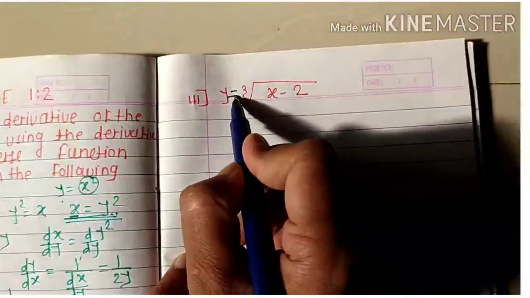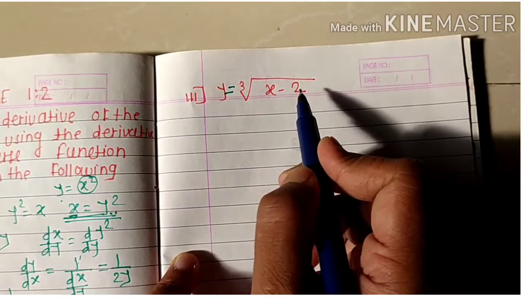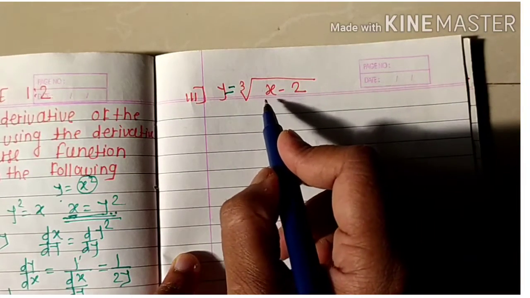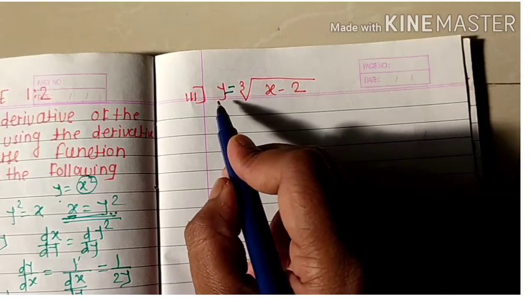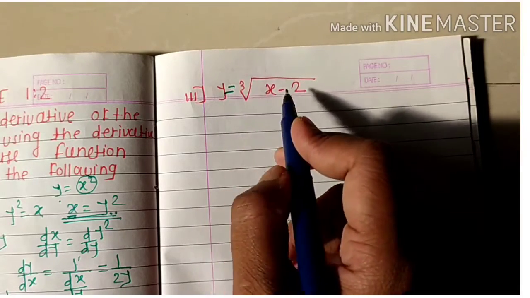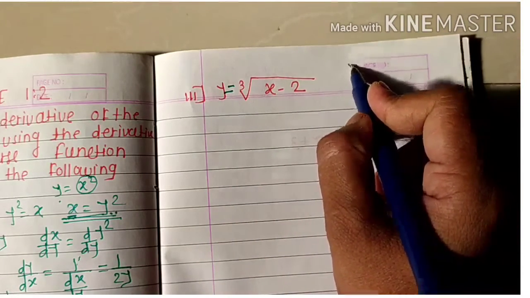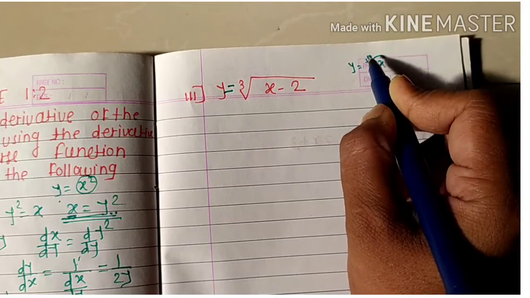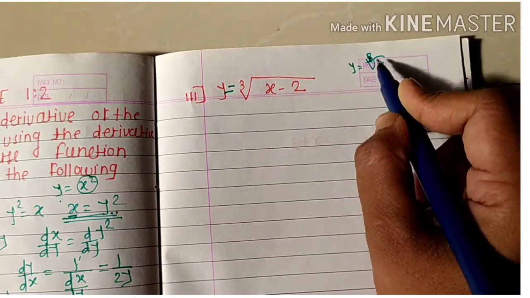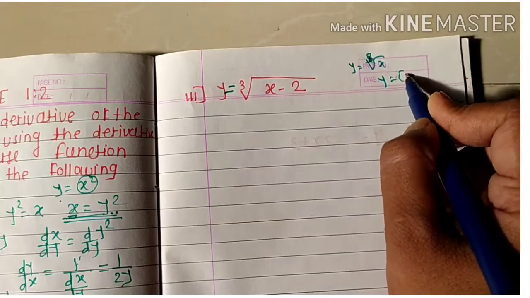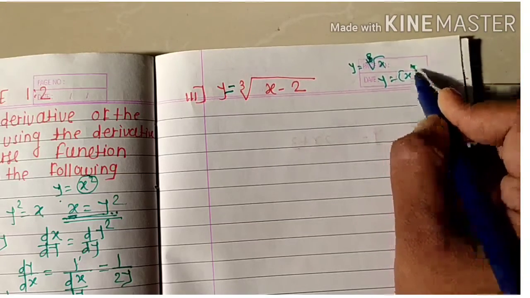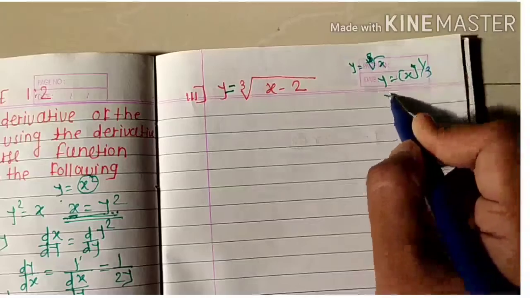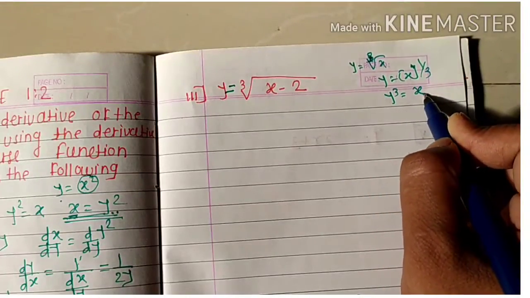We are given y is equal to cube root of x minus 2. In order to express x in terms of y, we have to remove this cube root sign. We know that if y is equal to cube root of x, that is x raised to the power 1/3, then if we take cube on both sides we get y cube is equal to x.